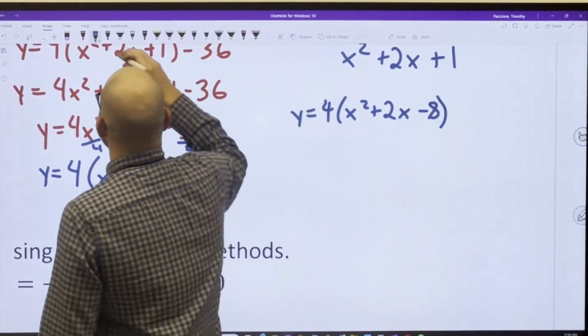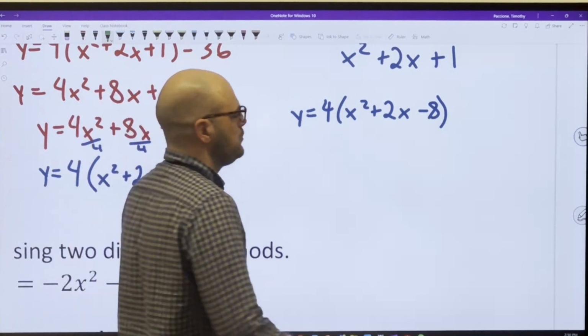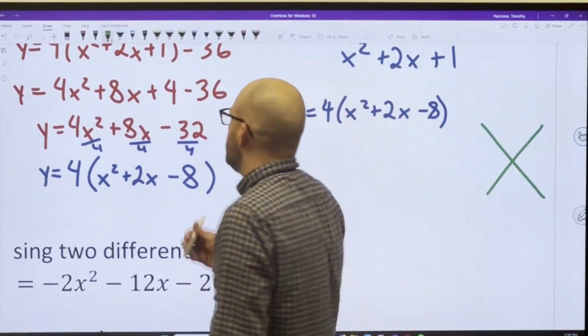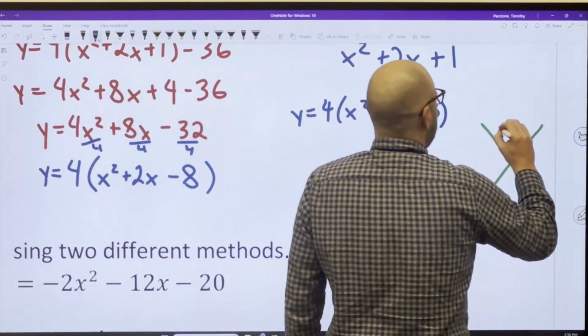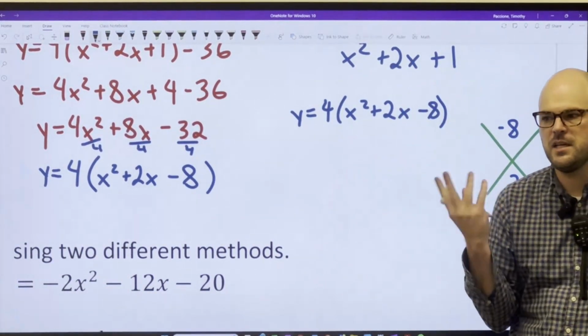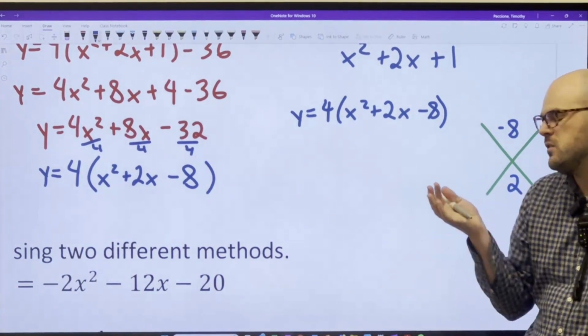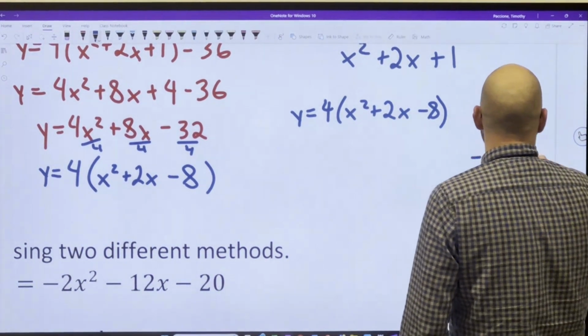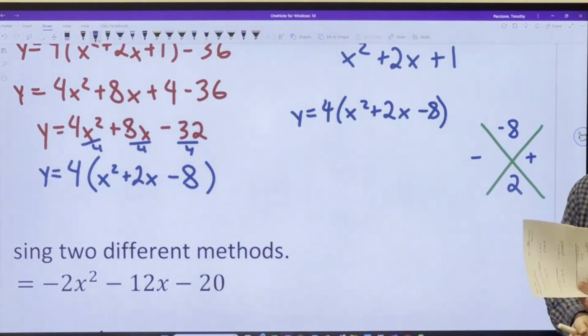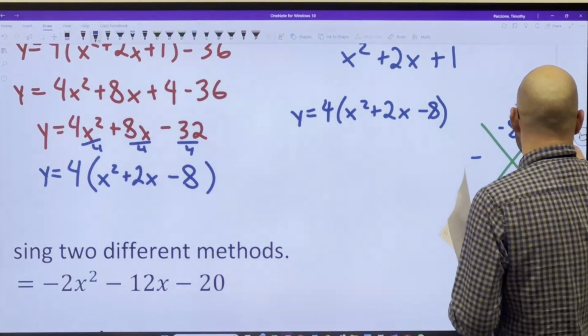And then what's the next step after we factor the GCF? Use magic x, yeah. So I got minus 8 on the top and 2 on the bottom. If I'm multiplying to get a negative, it's a negative and a positive. What two numbers multiply to give me negative 8, and then they come together to give me 2? 4 and minus 2.